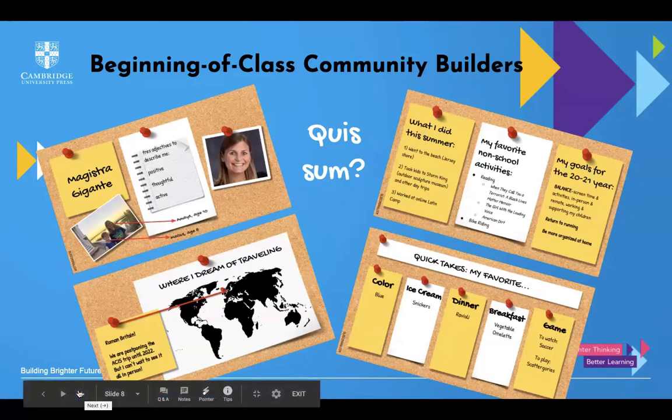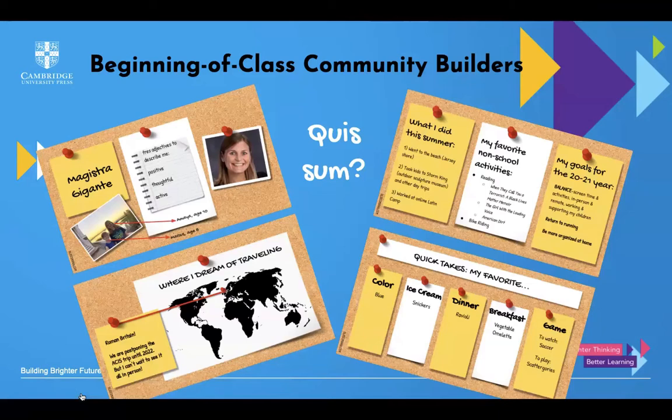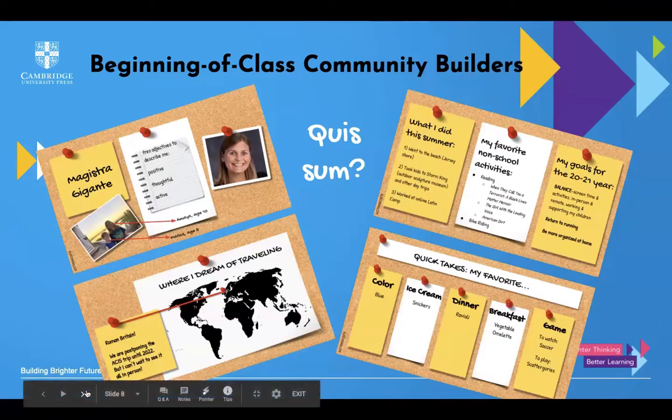And once we name the person who I've been talking about, I do try to make sure that I have a follow-up conversation with the person about one of the things that they have volunteered. So, for example, where I dream of traveling, if they've said something particularly unique, like, oh, I want to travel to Thailand. Oh, well, let's talk about Thailand. Like that's a really interesting location. Why would you have chosen that?